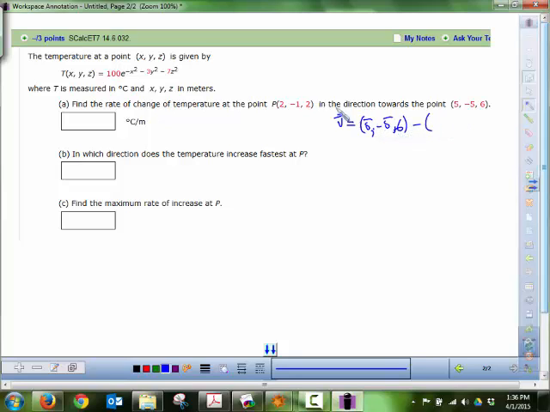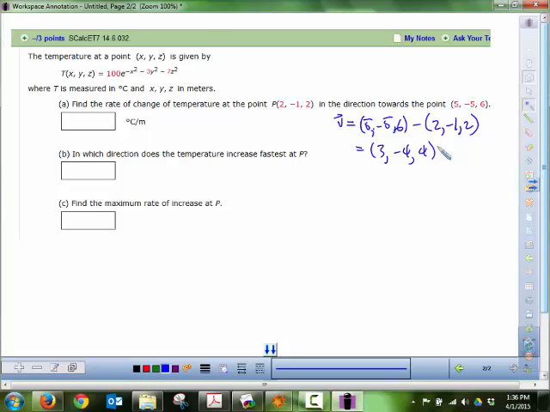And that's the head minus the tail. This is where you came from. 2 minus 1, 2. So this is going to be 3, minus 4, and 4. Is that right?